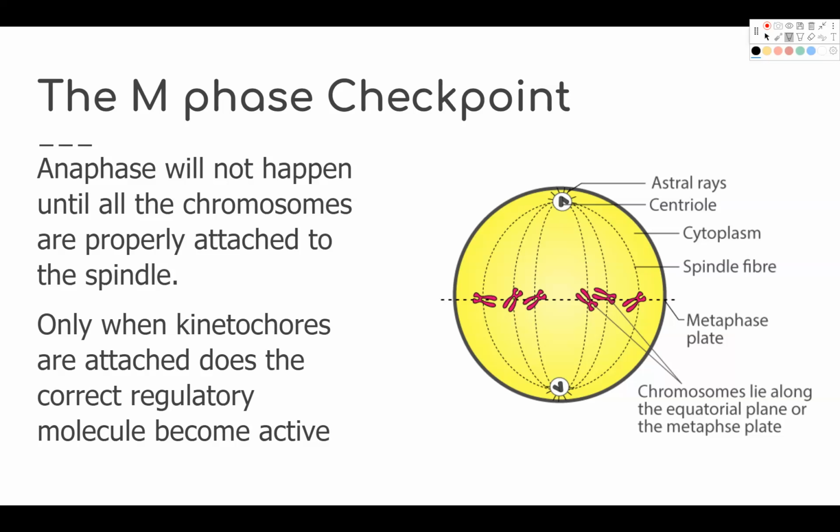Those regulatory molecules are like, okay, we've got the right signal. Everybody's strapped in and ready to go. Let's start breaking down these microtubules, let's start building up these lengthening microtubules, and let's get anaphase underway. And we know that anaphase is the fastest stage of mitosis. So once that signal gets sent, the cell is in go, go, go mode.